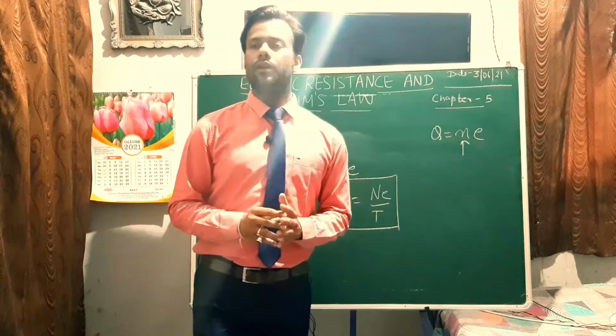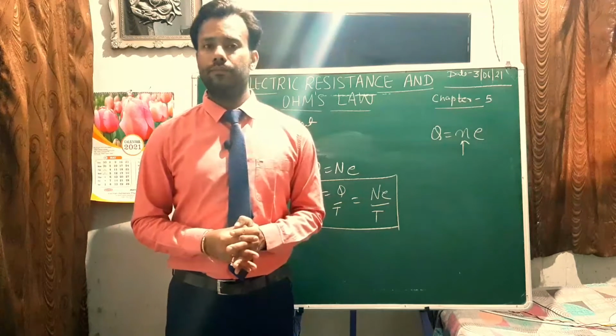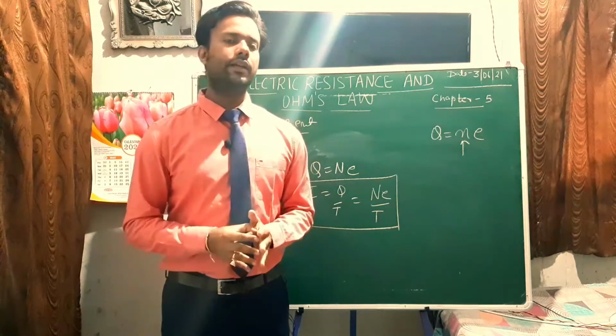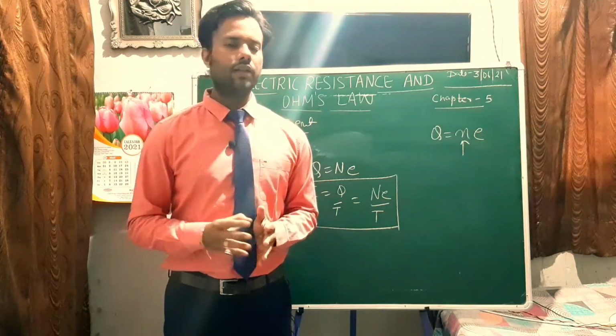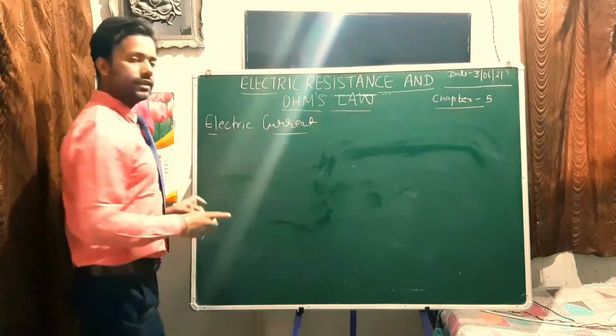Sometimes a question comes in the exam: find out the number of electrons flowing per second in any circuit so that the current in the circuit is 1 ampere. Let's see an example.